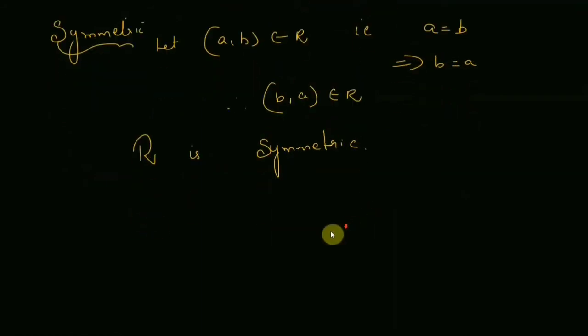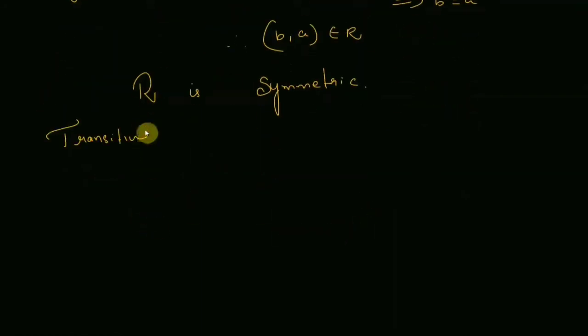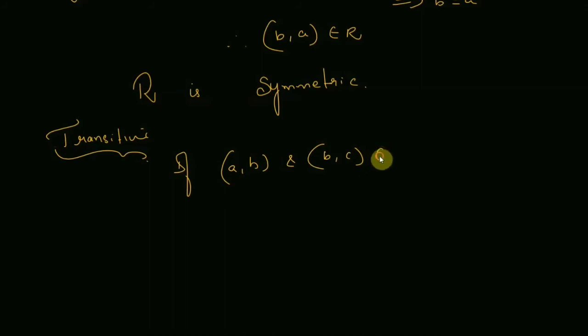Now we have to check whether it is transitive. So what is the definition for transitive relation? If AB and BC belong to R, then we have to prove that AC belongs to R. If AB and BC are in R, what does it mean?